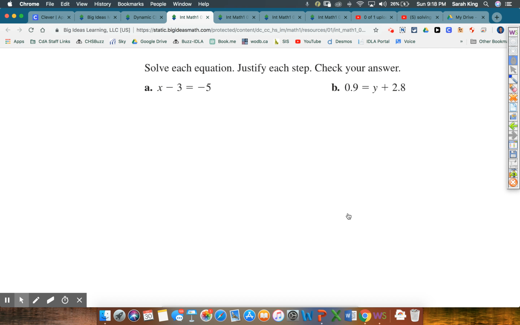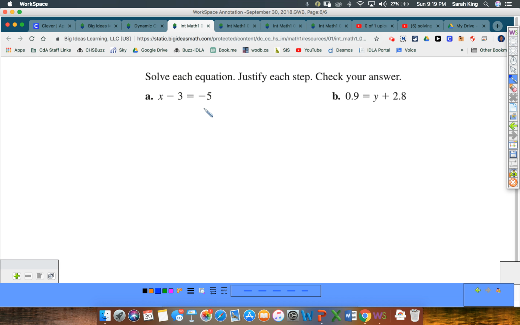If I look at this first example, it says x minus 3 equals negative 5. We describe two sides of our equation, separated by the equal sign in the middle.